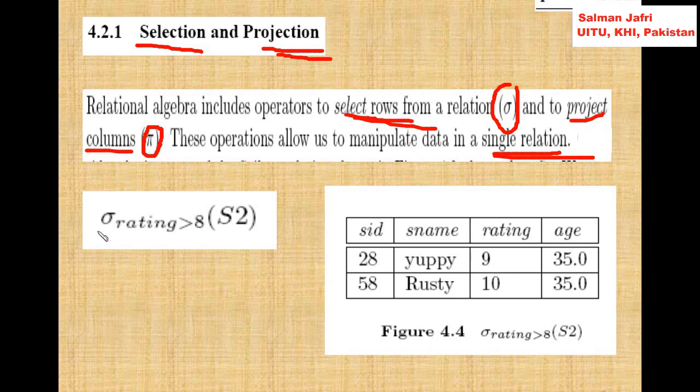For example, we are having a selection. What is the criteria of selection? Rating should be greater than 8, and the input instance is S2, right? So we select from S2 and display all the rows which satisfy the criteria that rating is greater than 8.